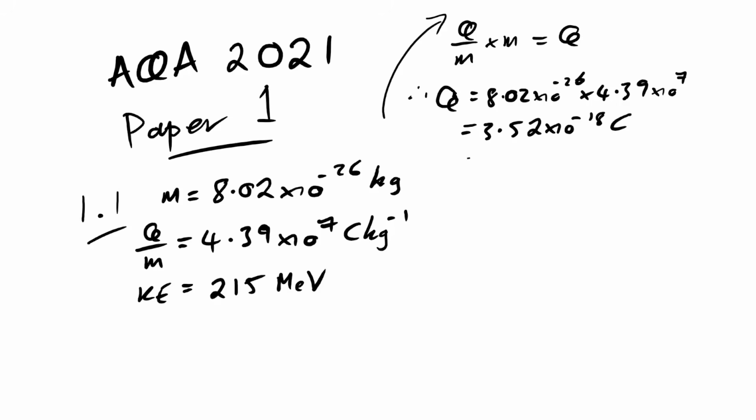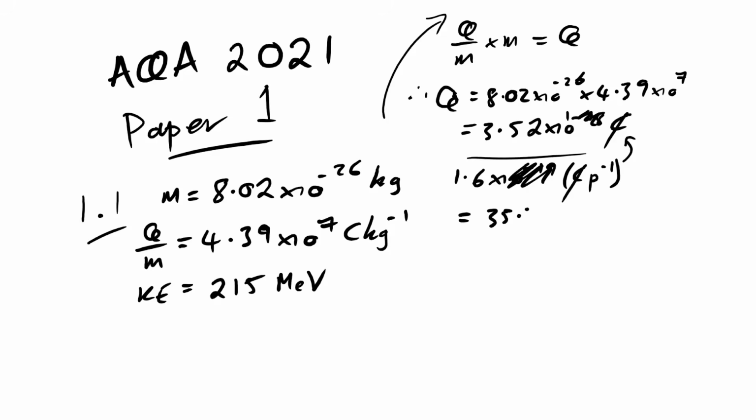If we divide by the charge of a proton, 1.6 times 10 to the minus 19, with the unit coulombs per proton, then the coulombs cancel and we end up with protons on top. Sorting out the powers of 10, it's times 10 to the 1, so that's 35.2 divided by 1.6, which gives us exactly 22 protons.